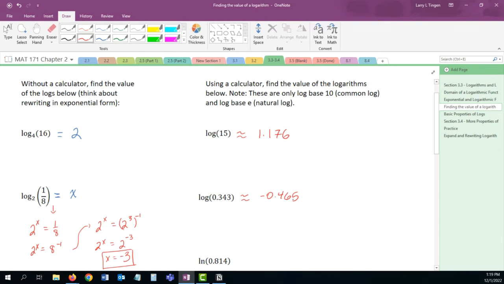That means 10 raised to the negative 0.465 is equal to 0.343. A log can give you a negative number. That's absolutely fine, but you cannot take the log of a negative number, and you cannot take the log of 0, right? The argument always has to be a positive number.